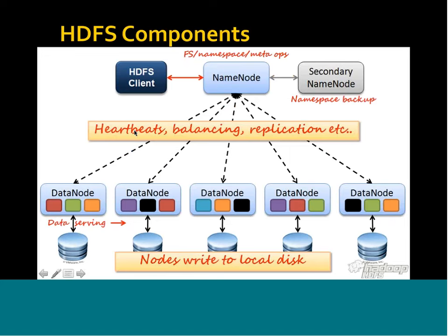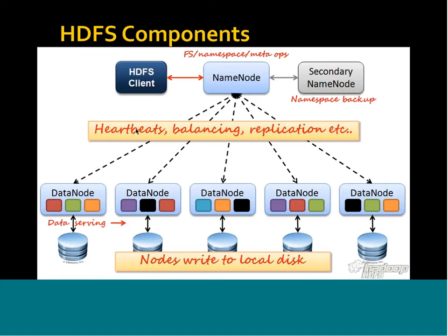I have set up my cluster where I have some 10 systems or 10 machines on which I have configured my data node. One of the machines is the name node, right? How will my name node know what all data nodes are currently up? It is only possible if your data nodes keep on sending their heartbeat to the name node. Now, if the name node has not received a heartbeat from one of the data nodes, that data node will be assumed to be dead, or down, right?